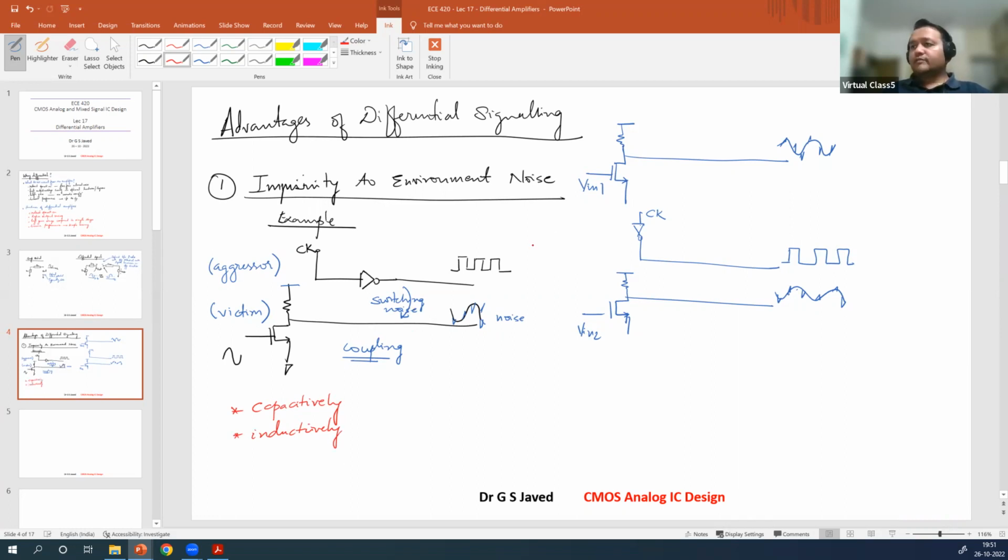So if you want to make it immune, you can have the differential signal on either side, and the aggressor which is present here will affect both the victims uniformly, and when these victims subtract from each other, the difference between the two is intact.